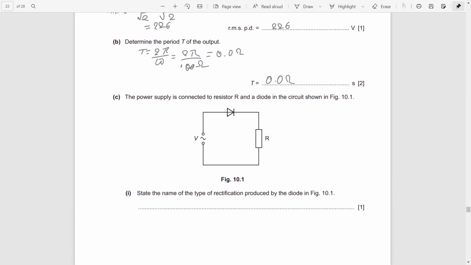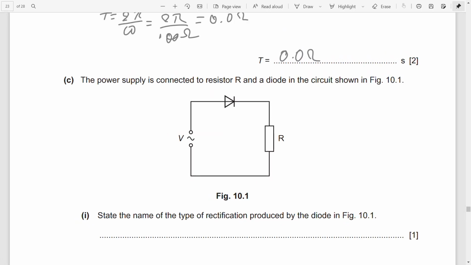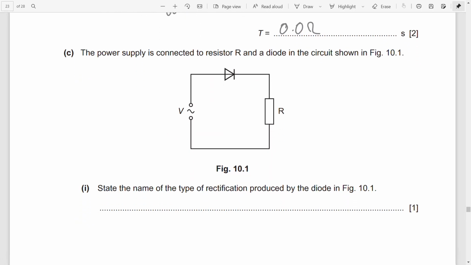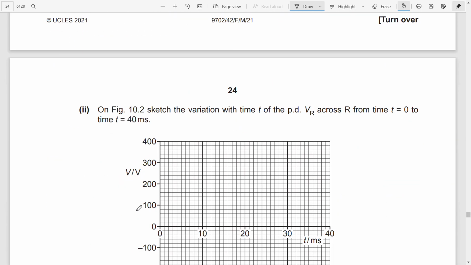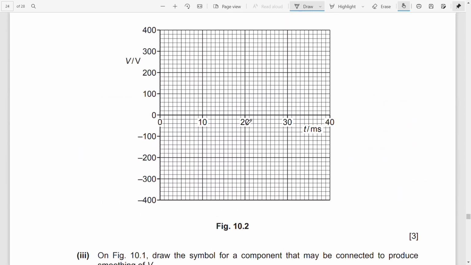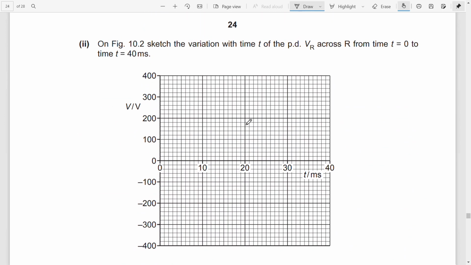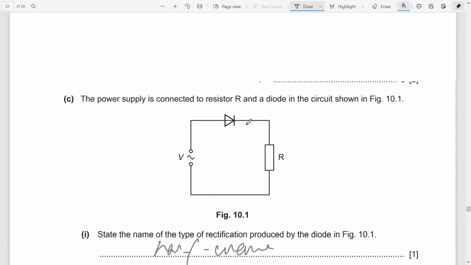All right. And the power supply is connected to resistor R and a diode in the circuit shown in the figure. So this question asks you to state the name of the type of rectification. These are half-wave rectifications, half wave. On the figure, sketch the variation with time of the p.d. across R. I think 300, I could say.